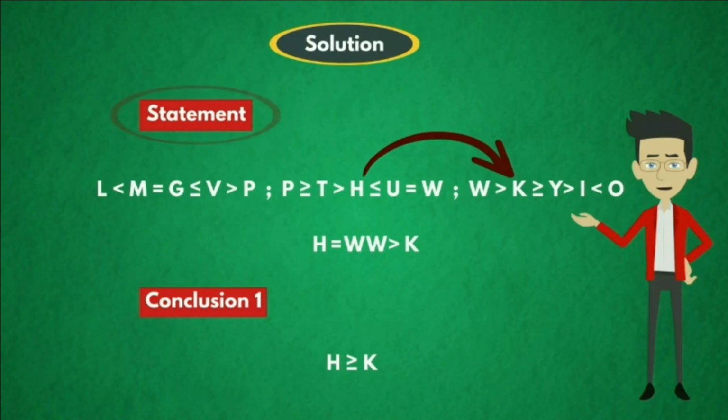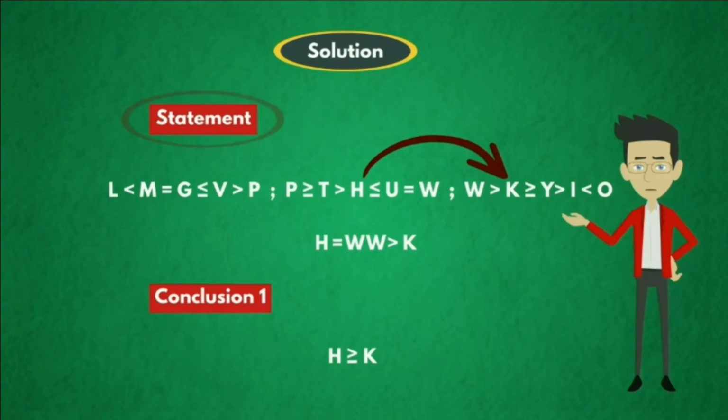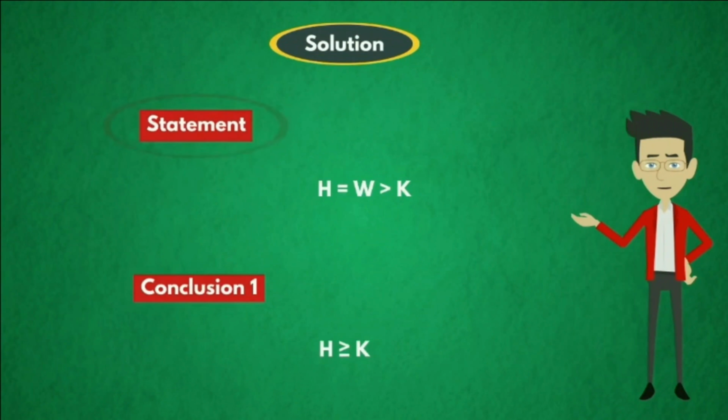Here we have a relation from H to W and W to K. So we will get a relation from H to K. In this statement, W greater than K. So here H equal to W greater than K. So we can directly write this H greater than K. But in the conclusion, it is H greater than or equal to K. So conclusion 1 is false.